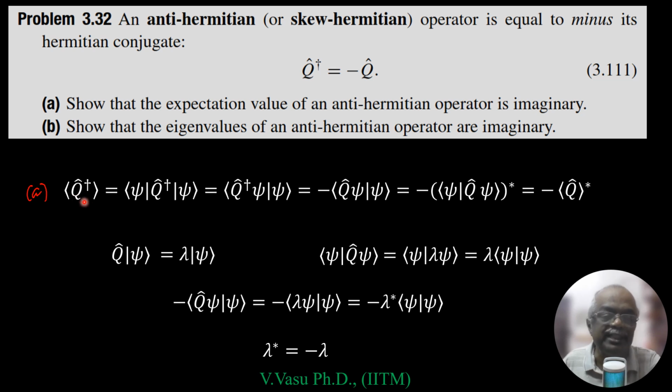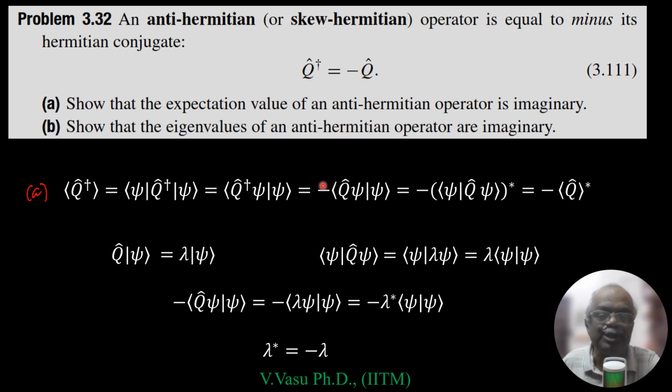So the expectation value of Q dagger is, by definition, psi Q dagger psi. Now you bring psi dagger to the bra vector. We know that Q dagger is minus Q, not Q dagger equal to Q, because that is for a Hermitian operator.